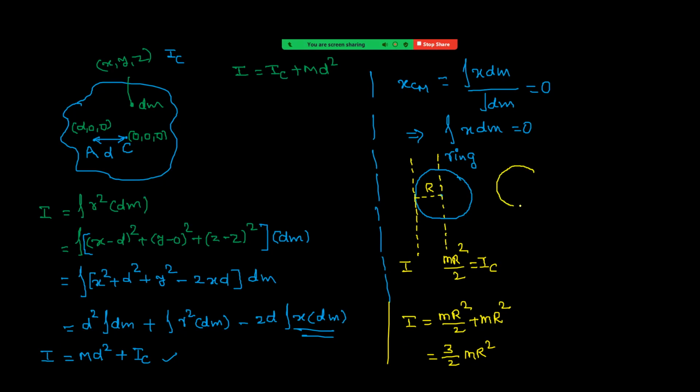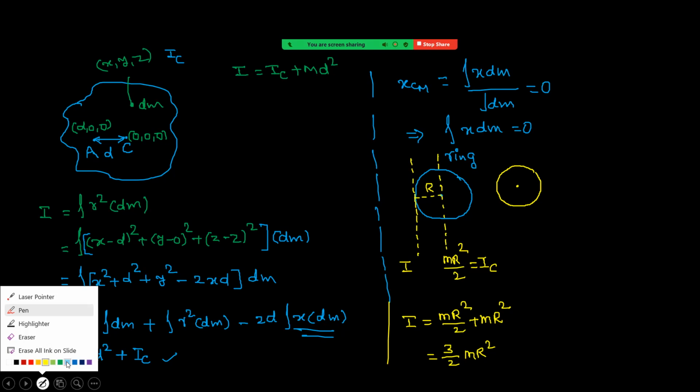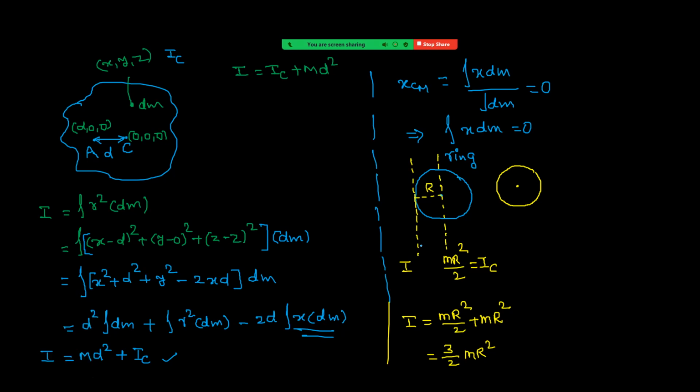Okay. Suppose we are taking a tangent normal to the plane of the ring. See how that appears. It appears just like a dot, means it is now normal to the plane of the board. Now this axis is parallel to its own axis. Own axis means passing through center and normal to the plane of the ring. Right.